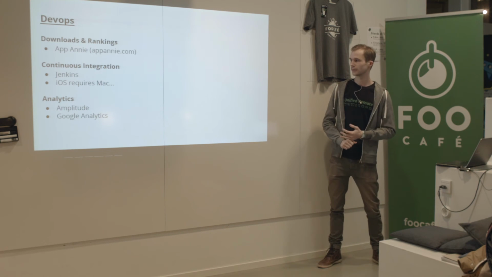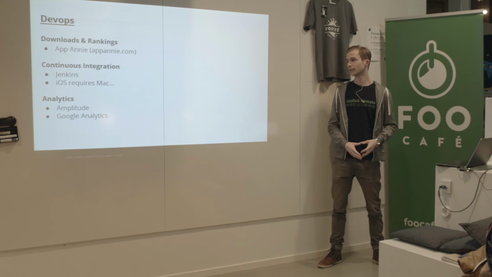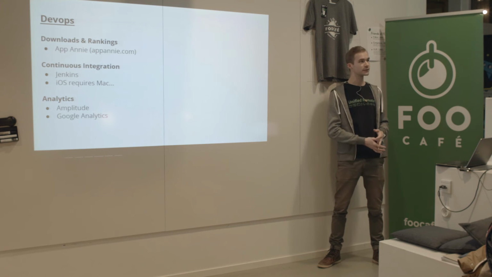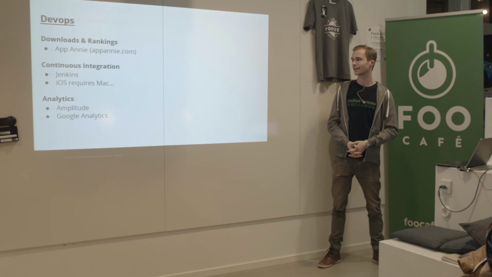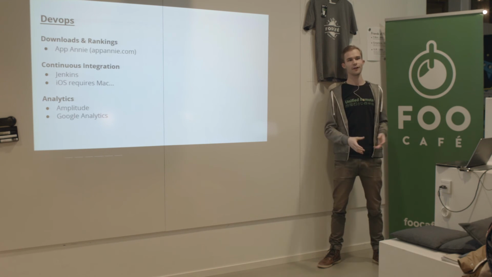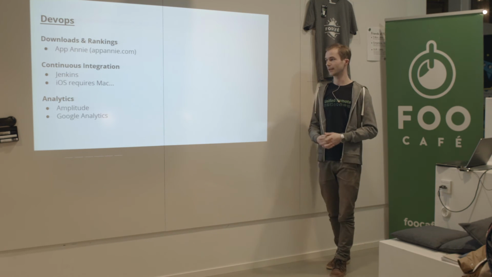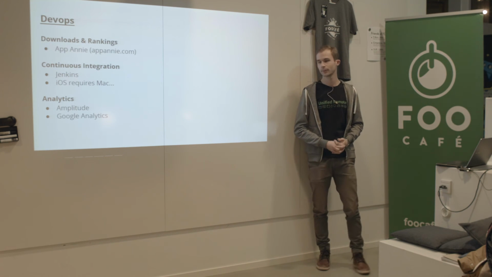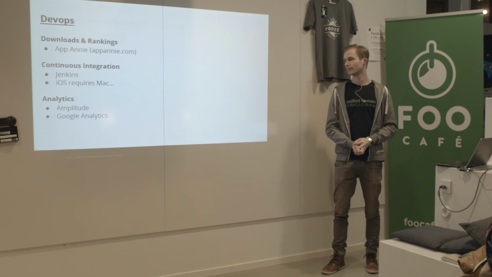The only real downside there is that we've managed to automate everything on one Linux VM, except for the Mac and iOS stuff, because that has to be built on a Mac. So again, we have a Mac in our office dedicated to building the iOS app and the Mac server app. So if anyone has any other suggestions there, please let me know.